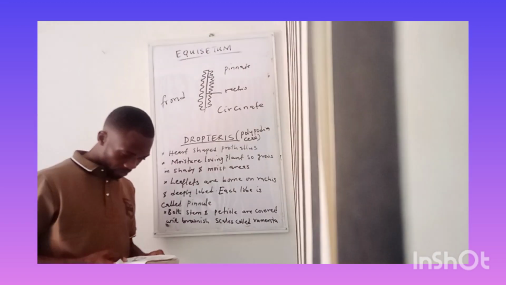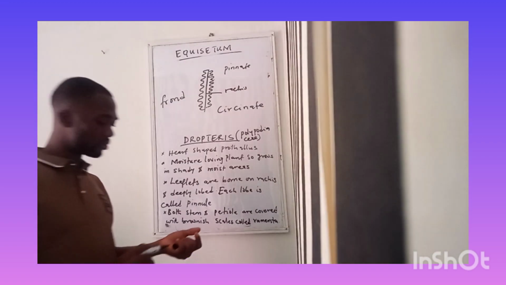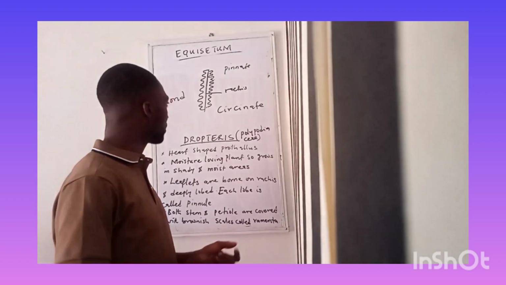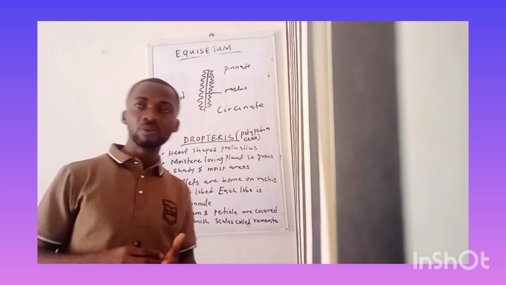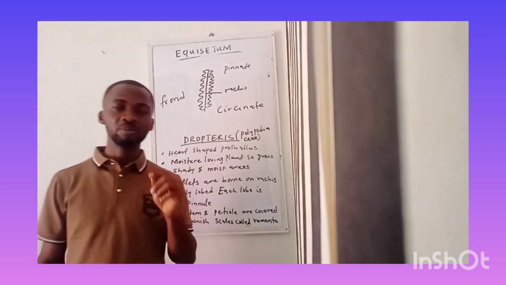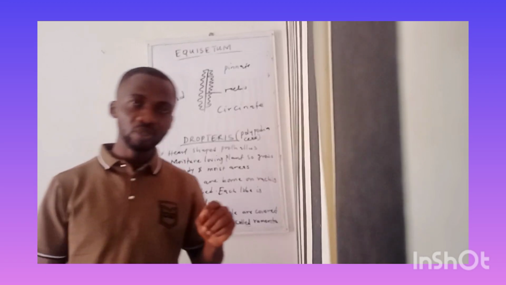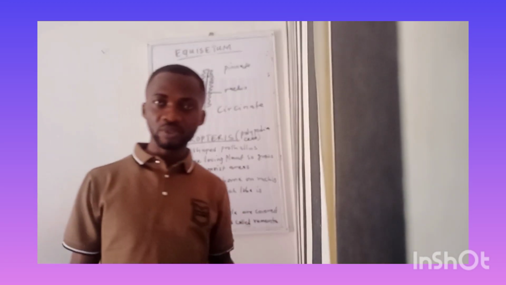Okay, so we also look at the sporangium of Dryopteris. Please note this: the strobilus or sporangiferous spike is found only in Lycopodium and Equisetum.